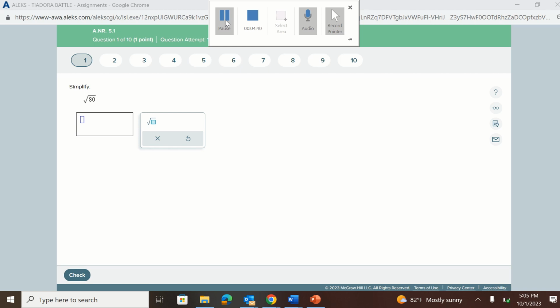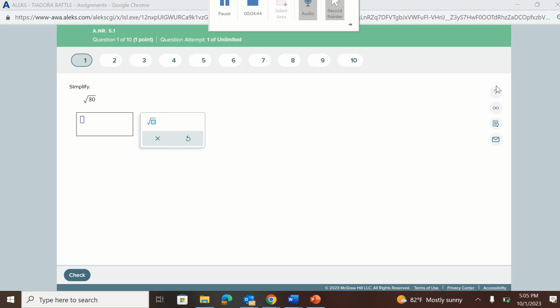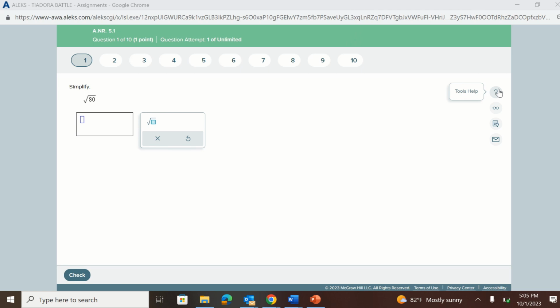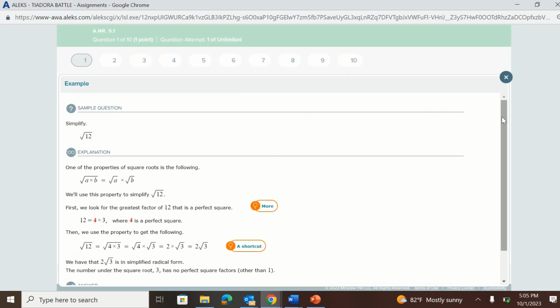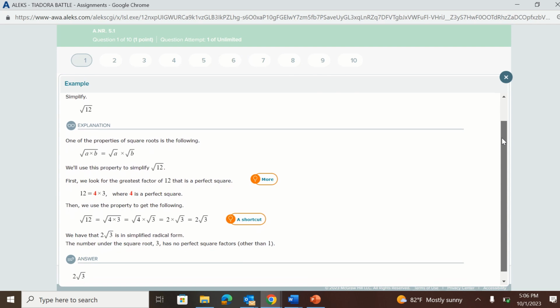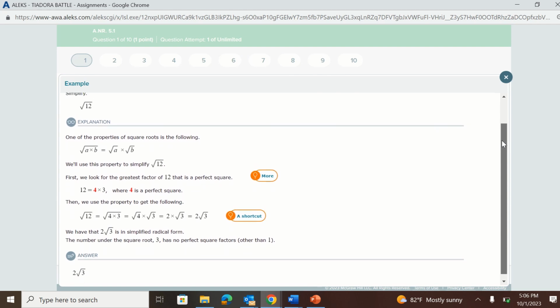The best thing about Alex is that if students tend to struggle, they have different options. They can look for tools, help, an explanation as to how to solve the problem, as well as an example. The example provides students with different alternatives to how they can actually simplify a number that's listed as a problem.